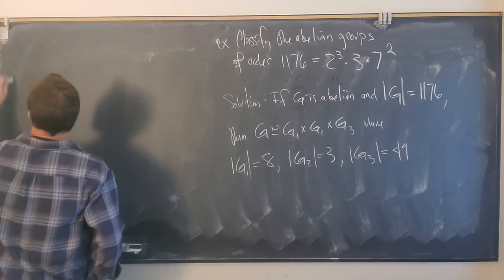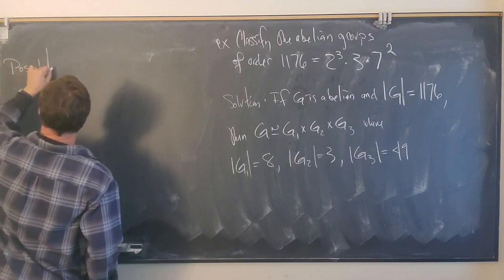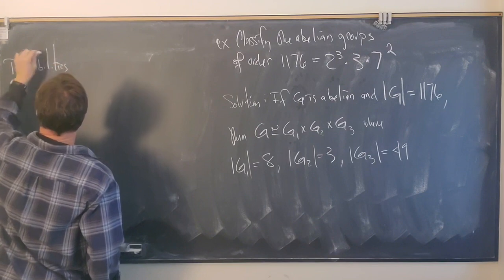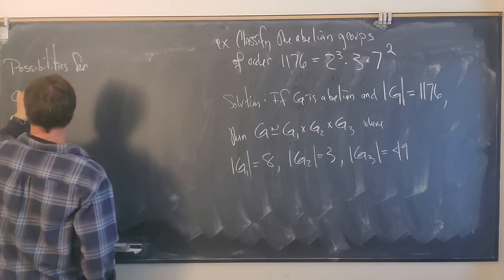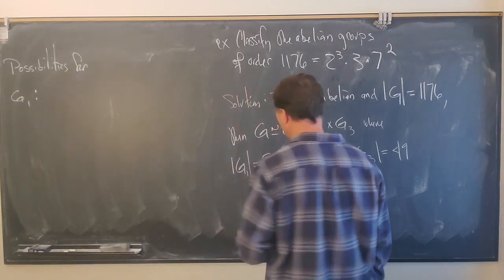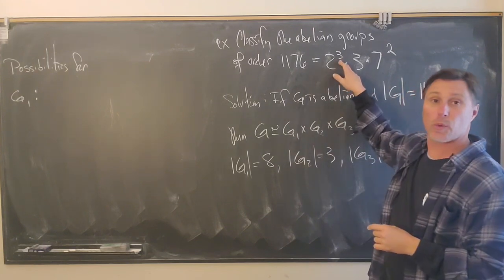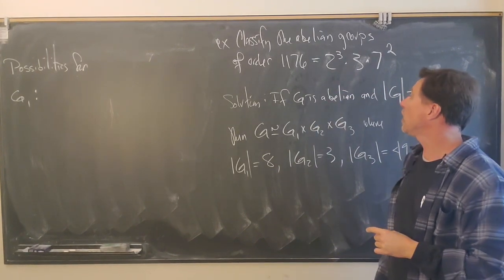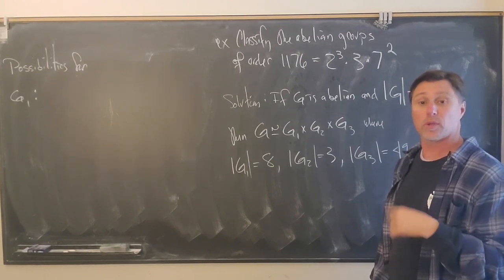So the possibilities, first we'll do G1. G1 is an abelian group of order 8. And 8 is 2 to the third, so we want to look at the possible partitions of 3. Those are 1 plus 1 plus 1, 1 plus 2, and 3.